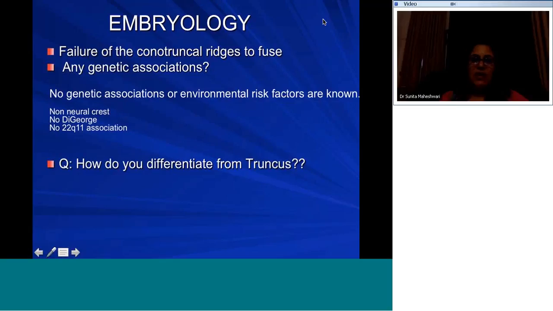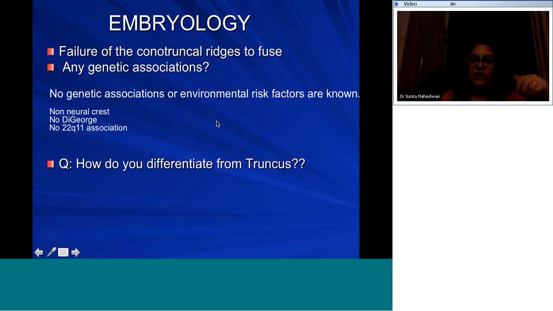Generally in AP window, there are no known genetic associations. Chromosome 7p, I'm not sure about that. But typically, if you think about it, AP window is considered non-neural crest, right? It's not associated with DiGeorge. It's not associated with 22q11. So AP window is generally considered to not have genetic association.